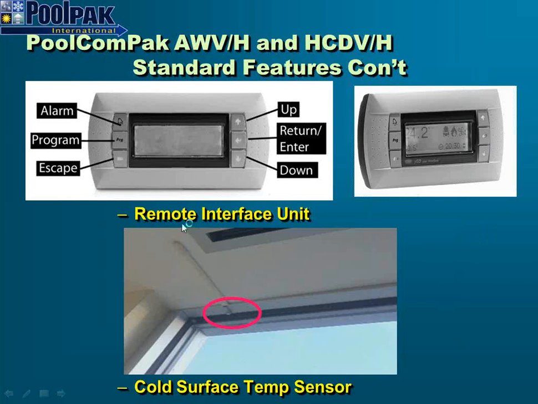Here's a picture of the cold surface temperature sensor. You locate this on the coldest surface in the room, and as long as we're keeping that surface free of condensation, the rest of the room will be fine.